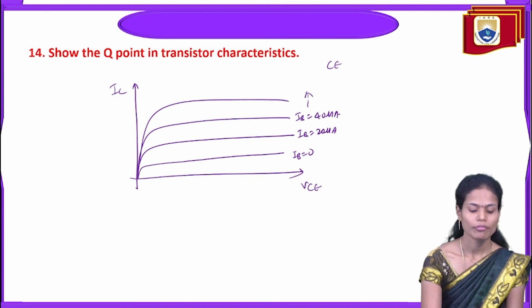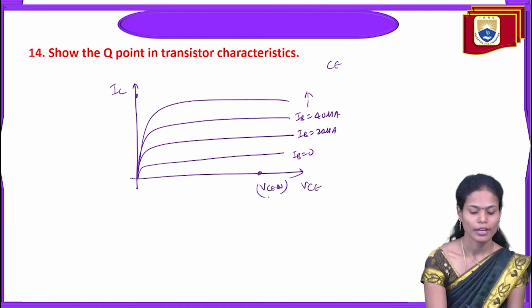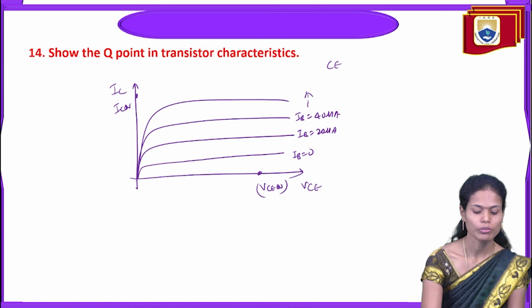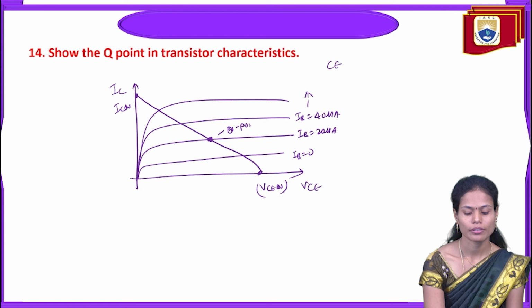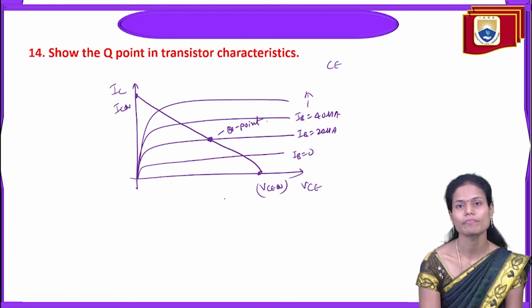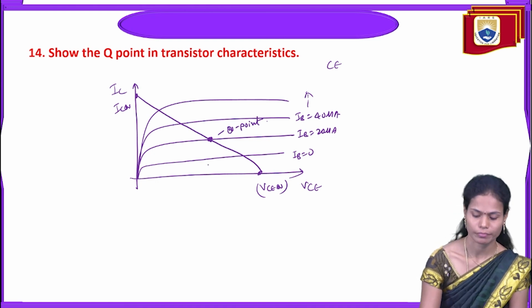So when we find some 2 points on the collector current and we see this is the VCEQ value and this is the ICQ value, if we, after finding these two values, join these two lines, and wherever this Q point is cutting the characteristics of your transistor in the active region, that is the Q point of the amplifier. Why we are considering the active region means in the active region only the transistor acts like an amplifier.